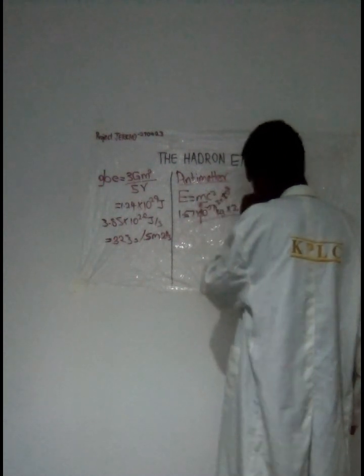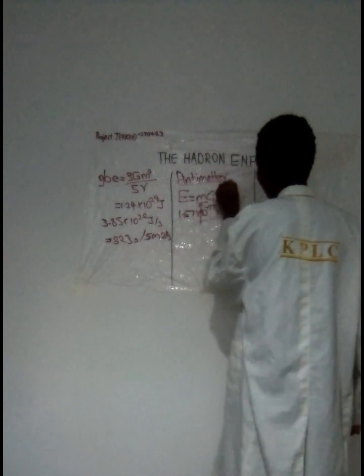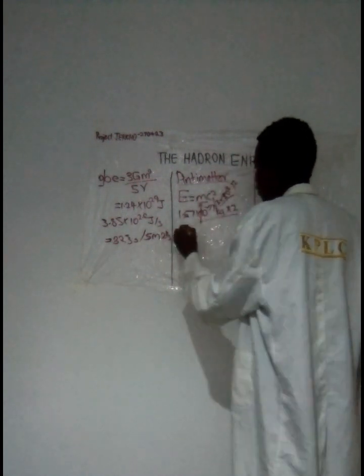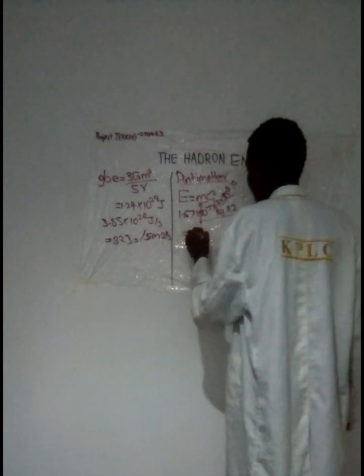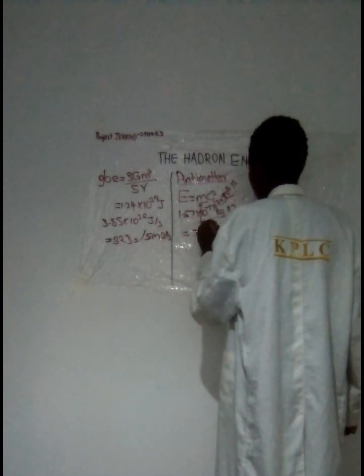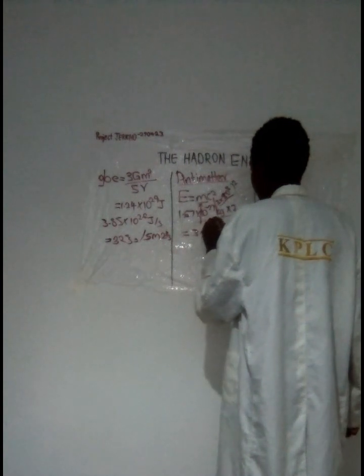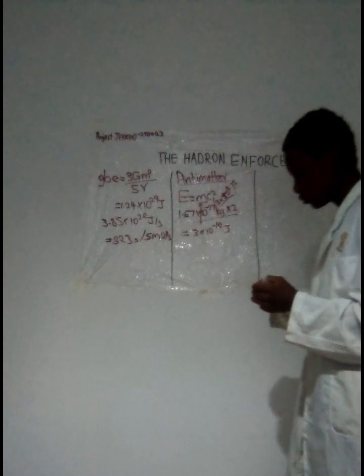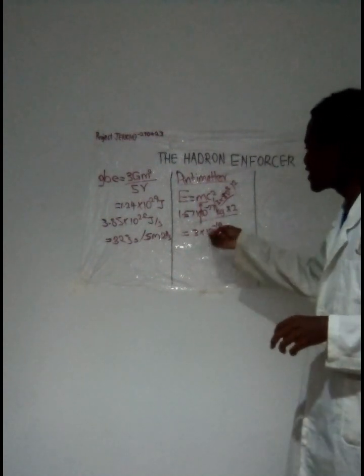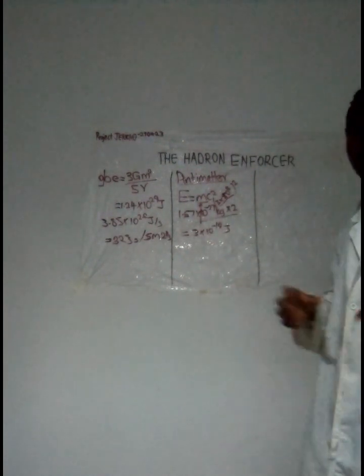We square this and multiply it with the mass, and we get approximately 3 times 10 to the power negative 10, in joules. So this is the energy we get by annihilating a proton and an antiproton.